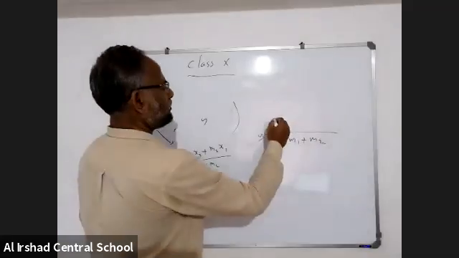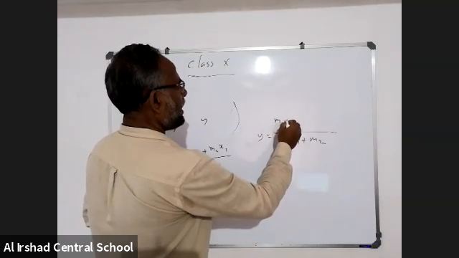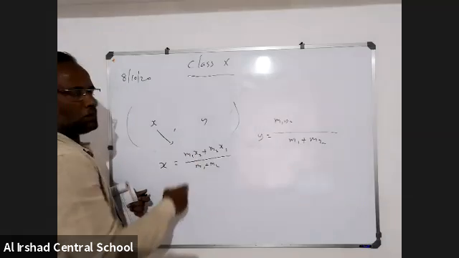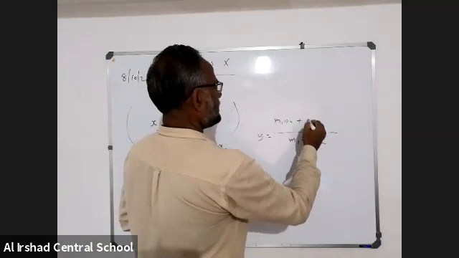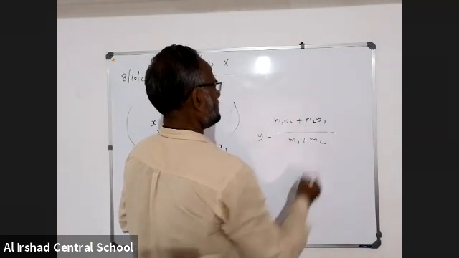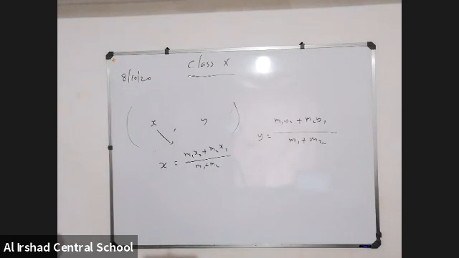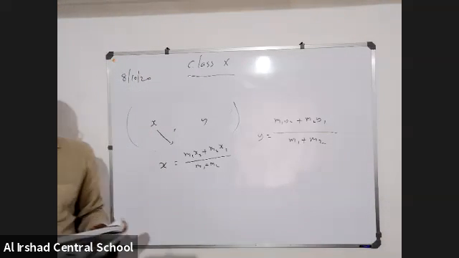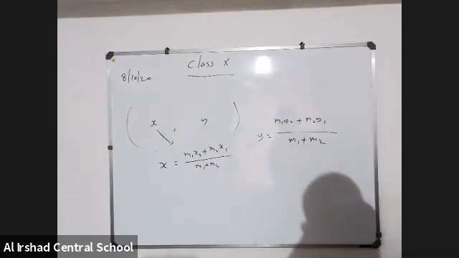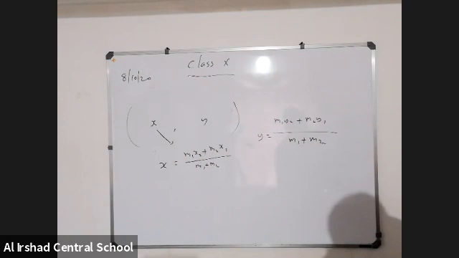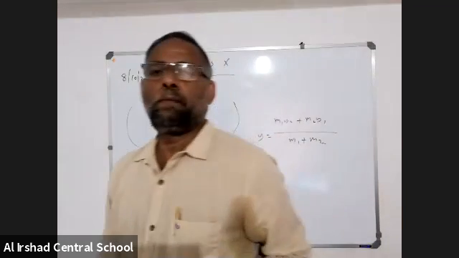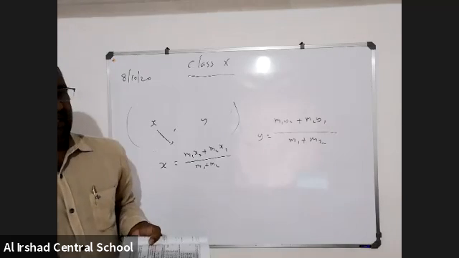Then first ratio into y2 plus second ratio into y1. That is it. I think it is clear. Any doubt you can ask me? Clear? Yes, sir. Okay, fine.